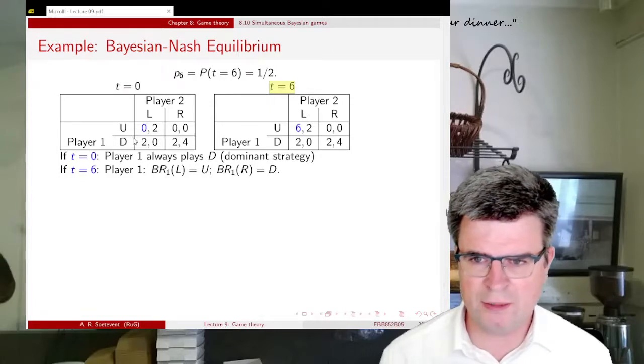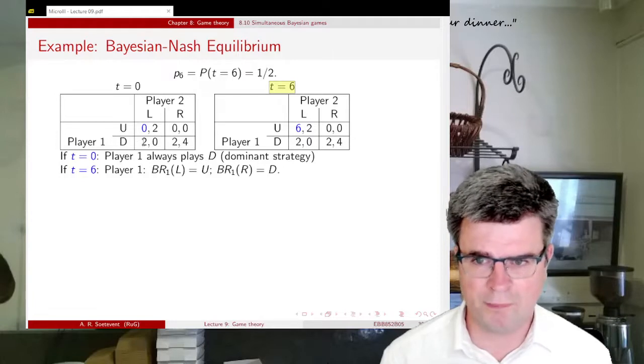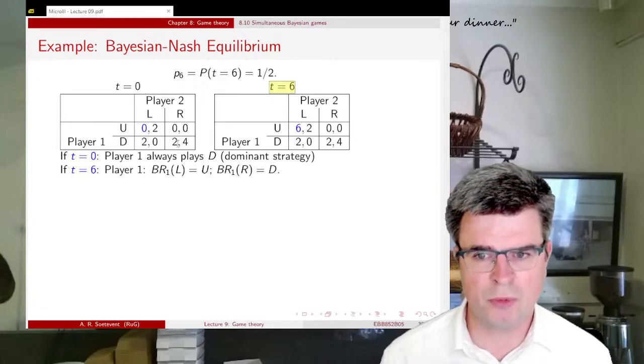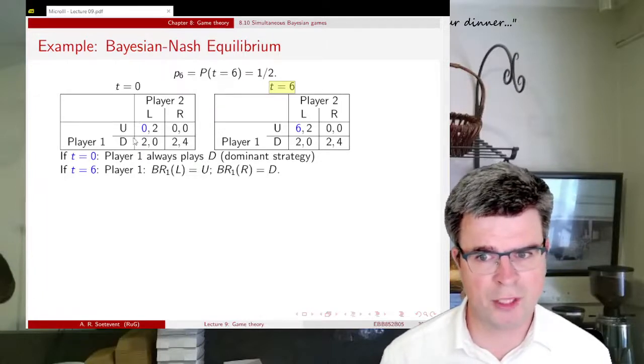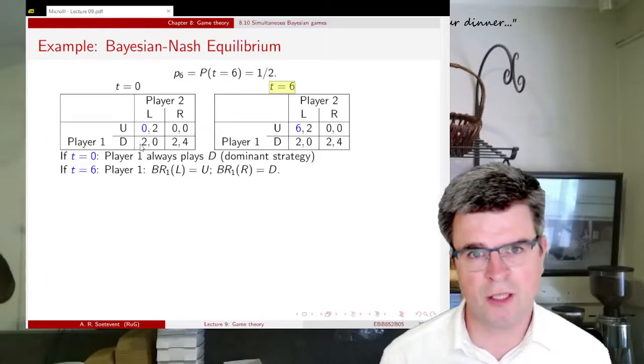And you can see that, well, if player 1 is of type T is 0, then it's optimal for him to play D, down, always. Because that's the dominant strategy in this case. 2 is more than 0, 2 is more than 0. So independent of what player 2 will decide, it's optimal for player 1 to play down if he's of type T is 0.